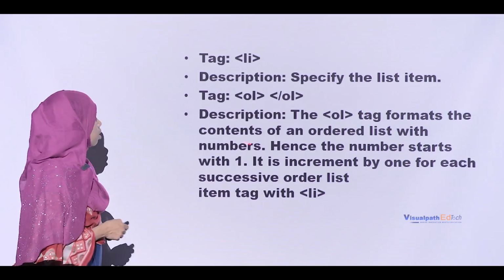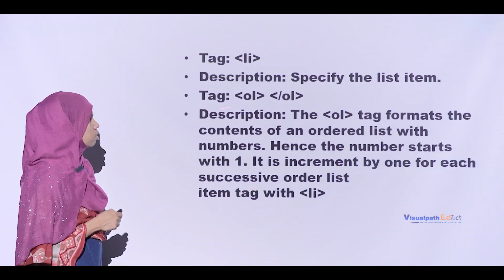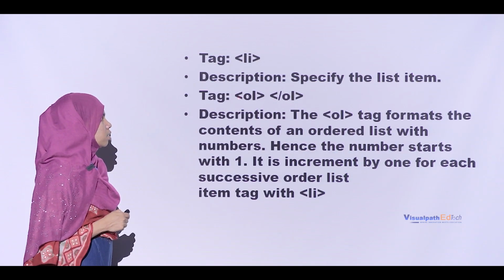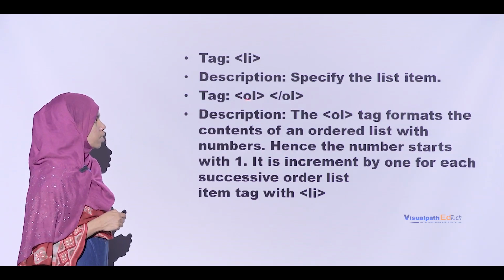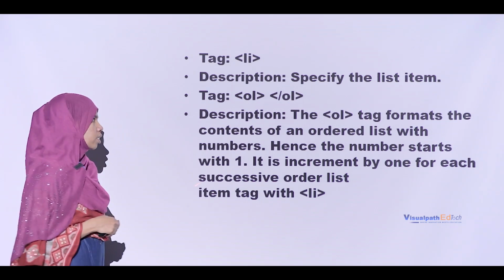You can see here, the tag name is li, the list tag is li. Its description is that it is used for the list of items under it. Under the list tag, you have the subtags OL for the ordered list and UL for the unordered list.